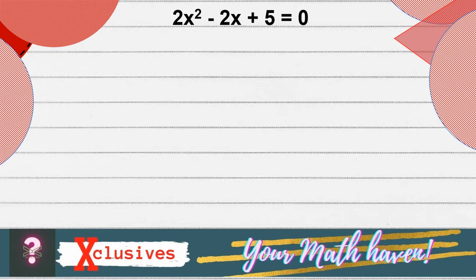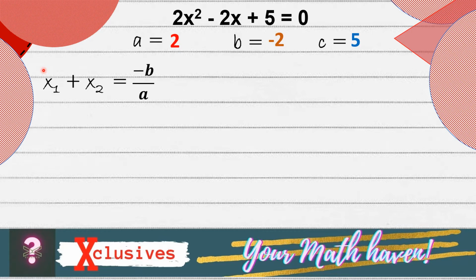Given 2x squared minus 2x plus 5 is equal to 0, we are going to determine the sum and product of the roots. Let us first determine the values of a, b, and c. By checking, our a is 2, our b is negative 2, and our c is 5. So we can determine now the sum of the roots. That is x sub 1 plus x sub 2 is equal to negative b over a.